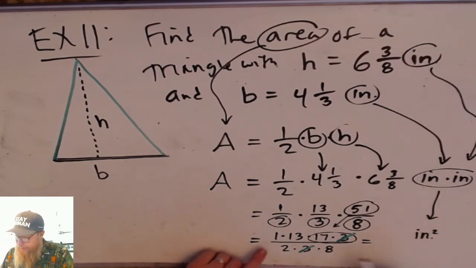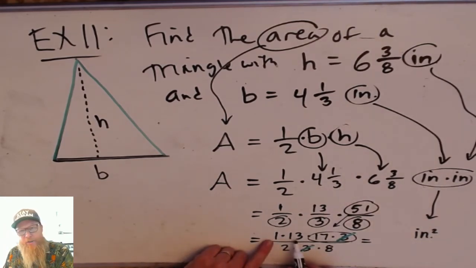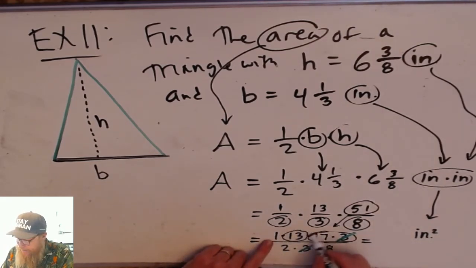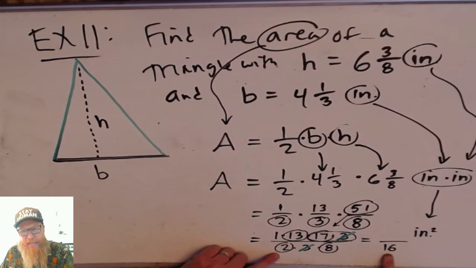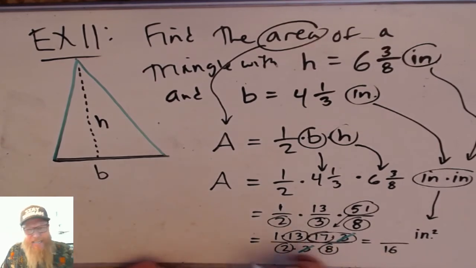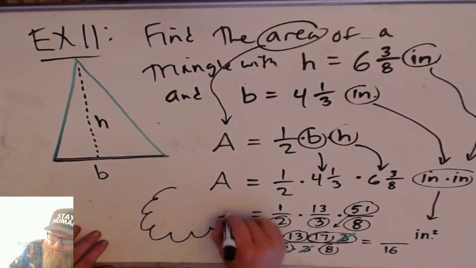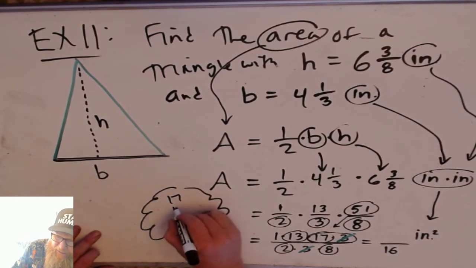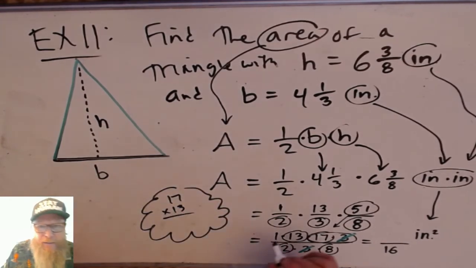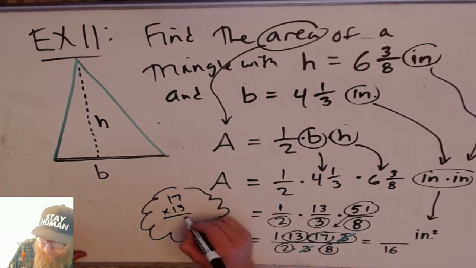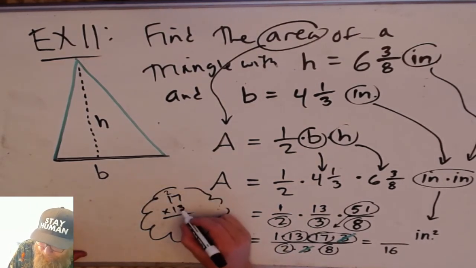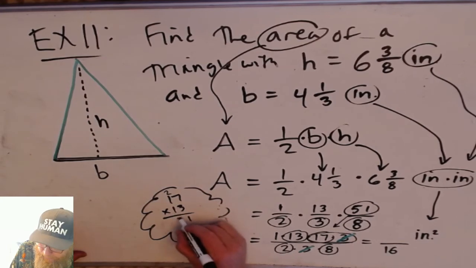So this is 1 times 13 times 17. And then 2 times 8. Let's just get that over with. 2 times 8 is 16. 13 times 17. I'm not sure if anybody ever learned that one in elementary school. I didn't. So 3 times 7 is 21. Carry the 2. 3 times 1 is 3 plus 2 is 5.